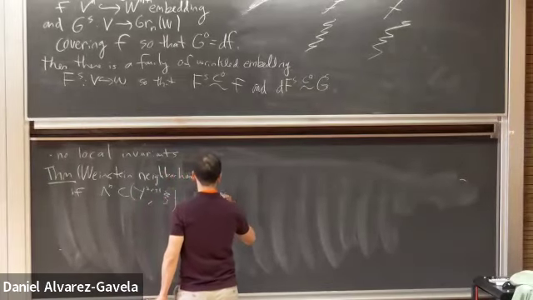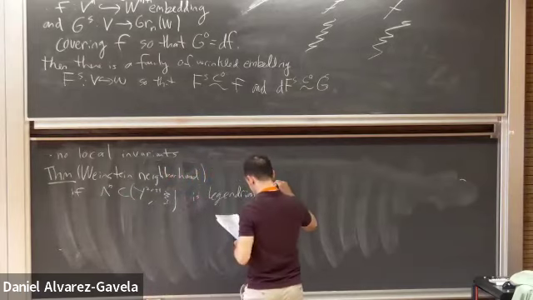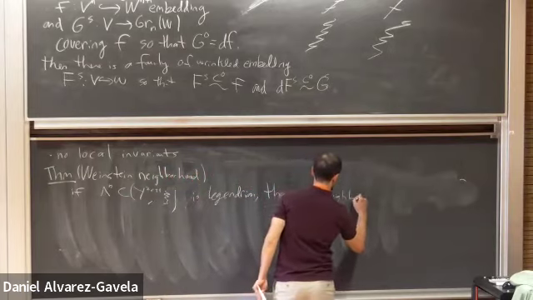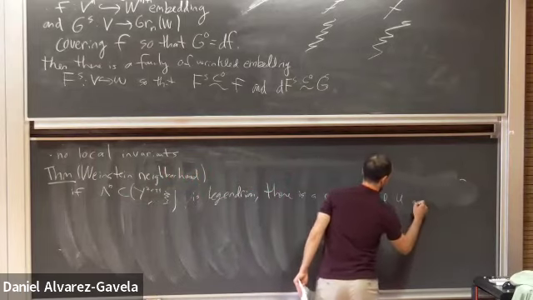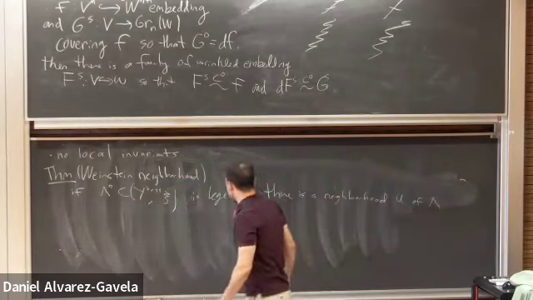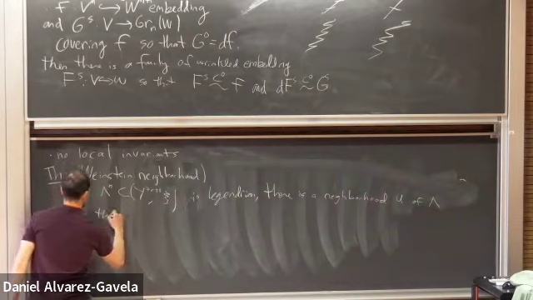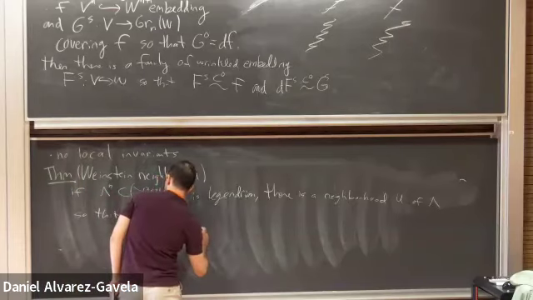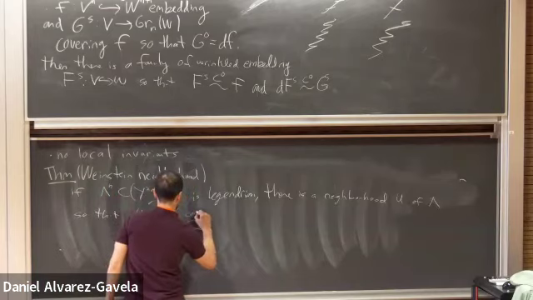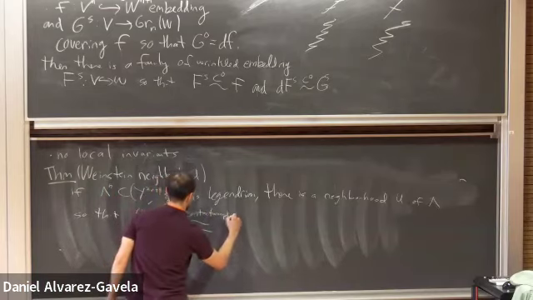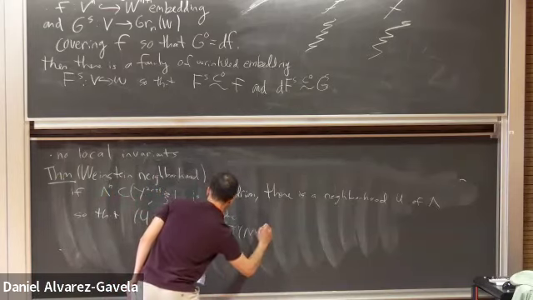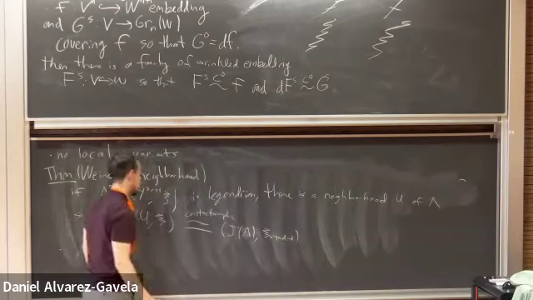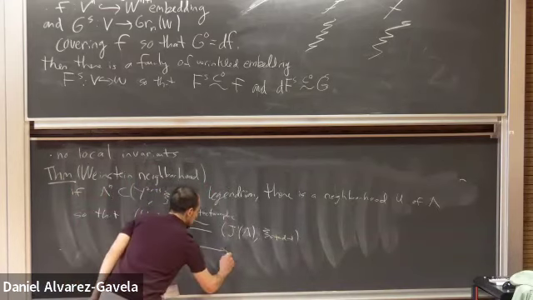So, you have a Legendrian Lambda, then there's a neighborhood U of Lambda in Y, so that U with this contact structure on Y is contactomorphic to the one jet space of Lambda with the standard contact form that I discussed before, and this contactomorphism takes Lambda to Lambda.